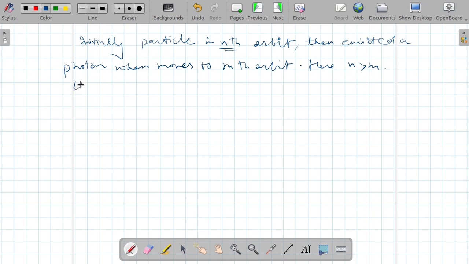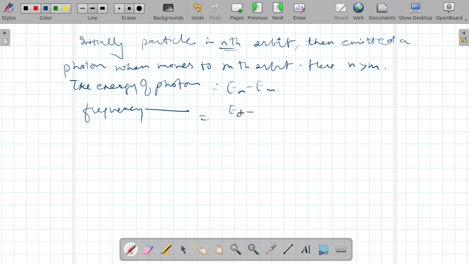So the energy of the photon is E_n minus E_m, and the frequency of the photon will be nu equal to (E_n minus E_m) divided by h, or I can write omega equal to (E_n minus E_m) over h cross.